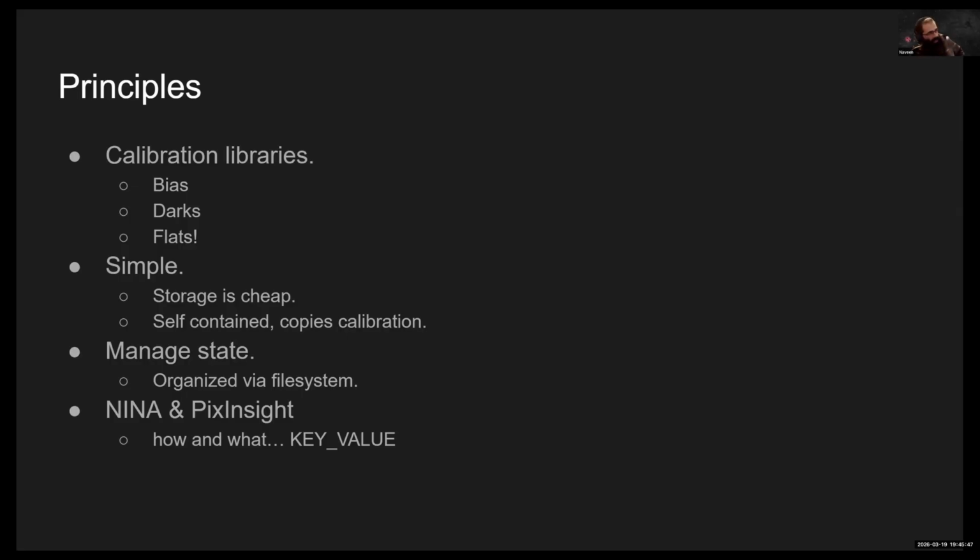For example, NINA has the ability to output the RMS and HFR numbers that it's calculated, but it doesn't put them inside the file. You can output them as part of the file name, because it's individual to each file.